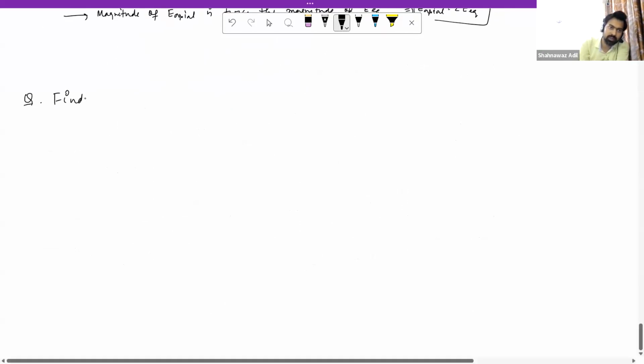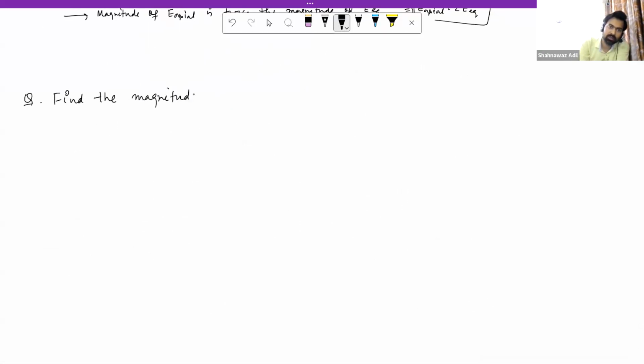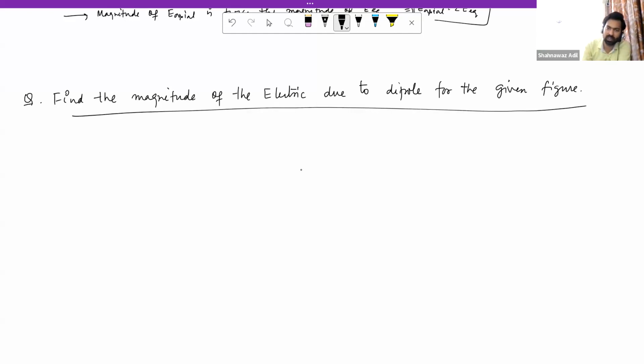Find the magnitude of the electric field due to a dipole for the given figure. So this is the first question.